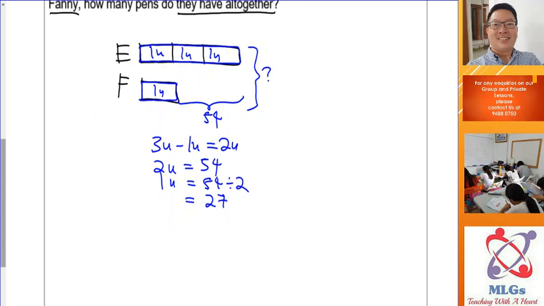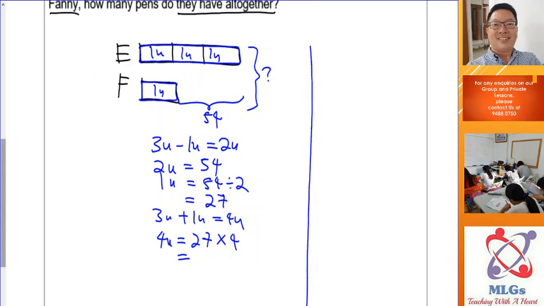So altogether, they have how many units? Eileen has 3 units plus 1 unit. Altogether, they have 4 units. And 4 units will be equal to, go back to 1 unit, your 1 unit is 27, and then times 4. And what do you get? You have to show the working on the right side, but we are not going to do that.